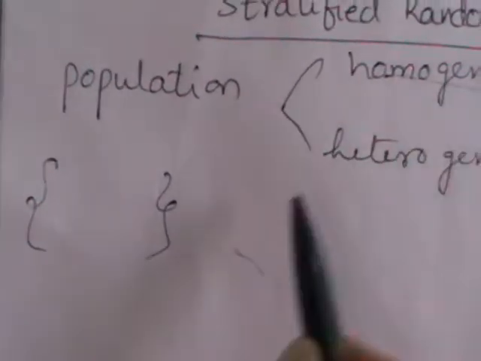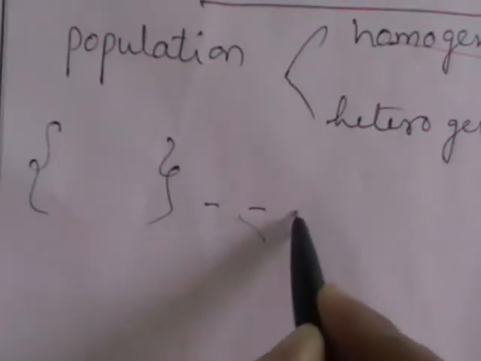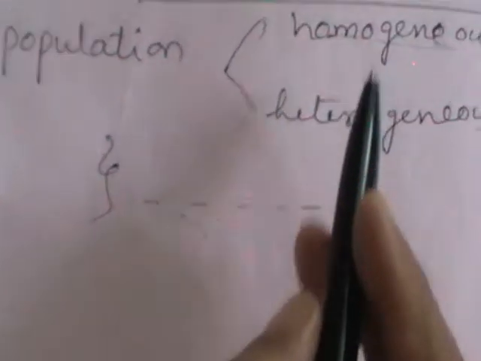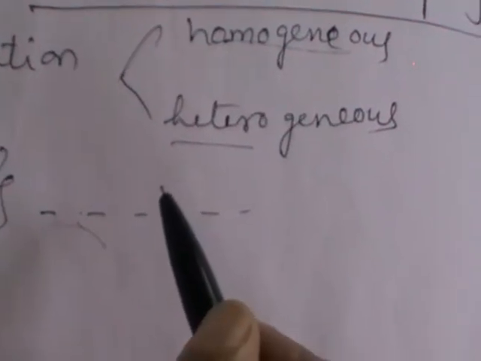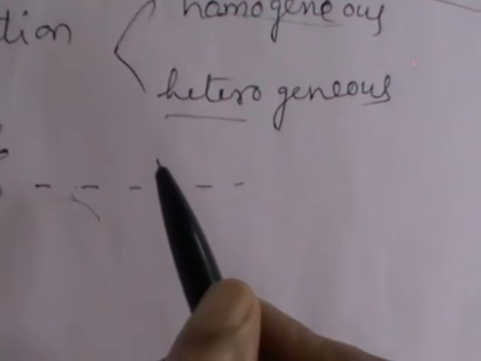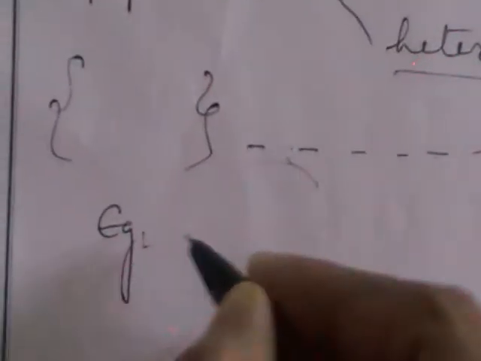When we say the population is homogeneous, it means the units in the population have similar characteristics. Heterogeneous means the individual units have different properties when compared to one another. I'll give you a best example for this.